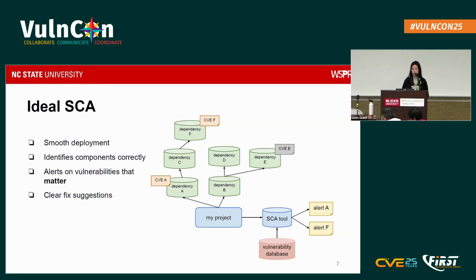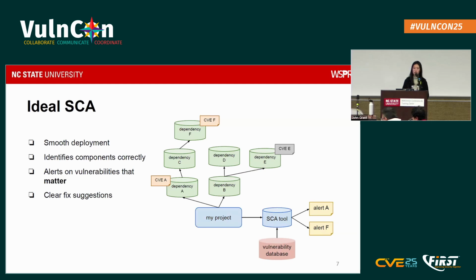The third characteristic is it should identify vulnerabilities in them, but only alert you on the ones that matter. So for example, in the diagram here, you have CVE A, F, and E. But say you use CVE E in a way that wouldn't affect your application.